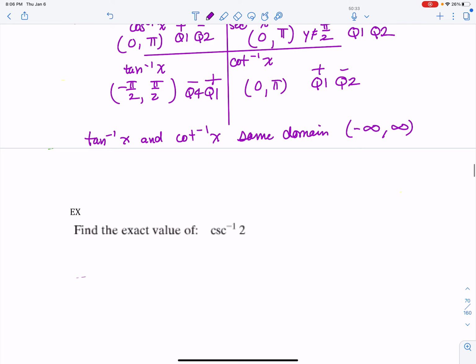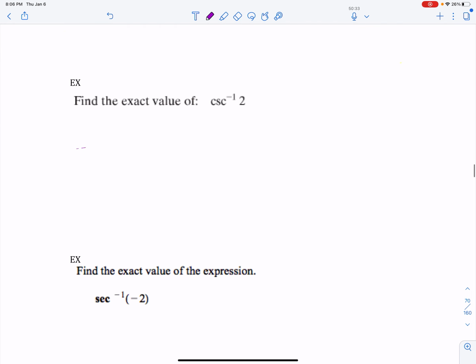Alright, so let's go down and see what we have here. Find the exact value of cosecant inverse of 2. So first question is, is 2 in the domain? So the domain of inverse cosecant is the absolute value of the value has to be greater than or equal to 1.